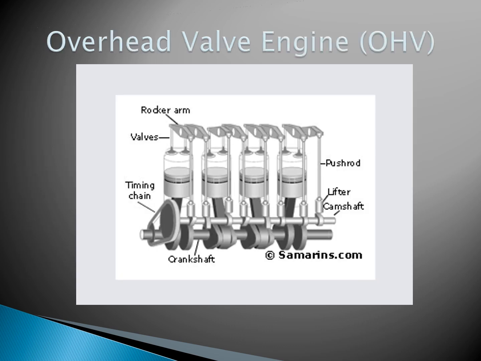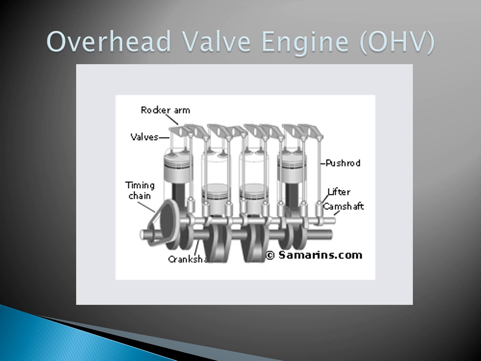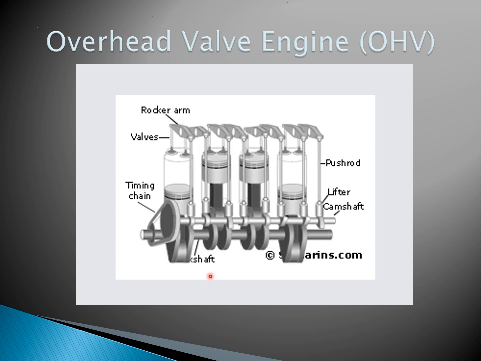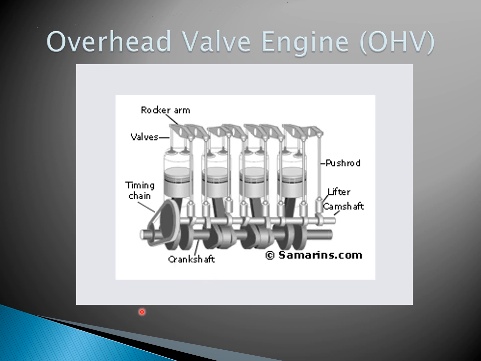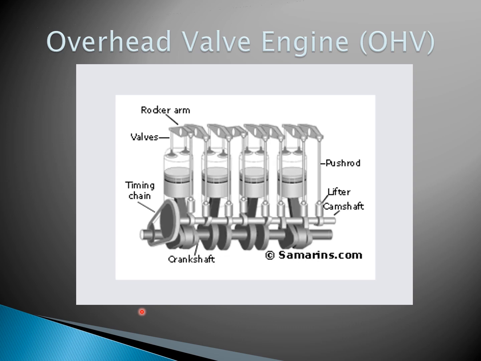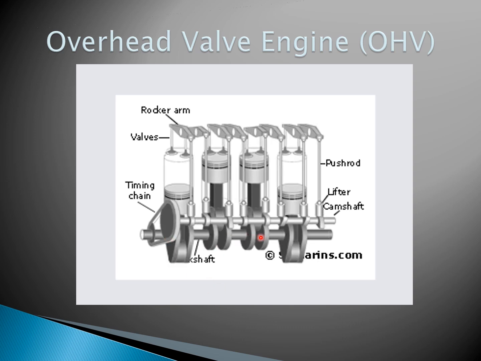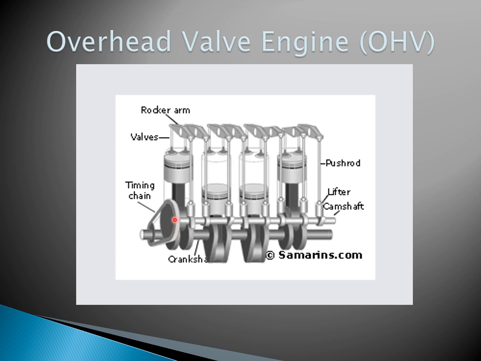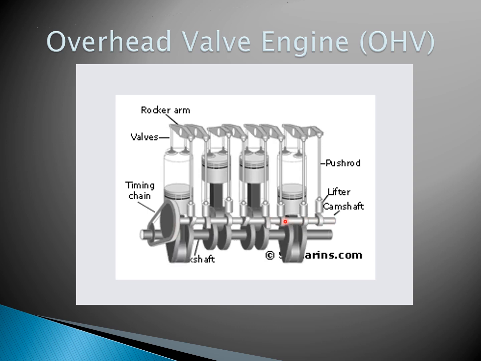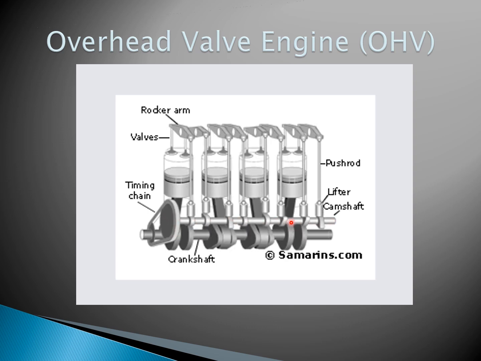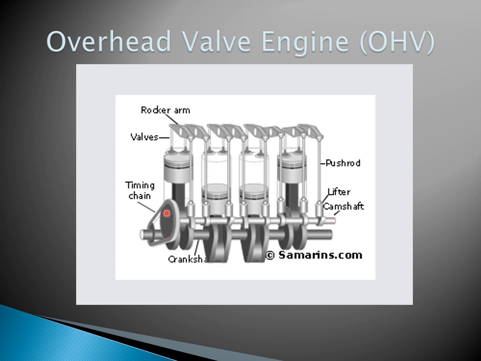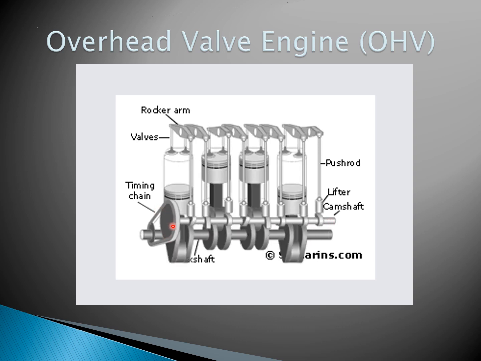All right, now we've got a nice little illustration in motion. This is an overhead valve engine. You'll notice here's our crankshaft. Our camshaft is down below, which would be in the block. You've got your timing chain or belt.